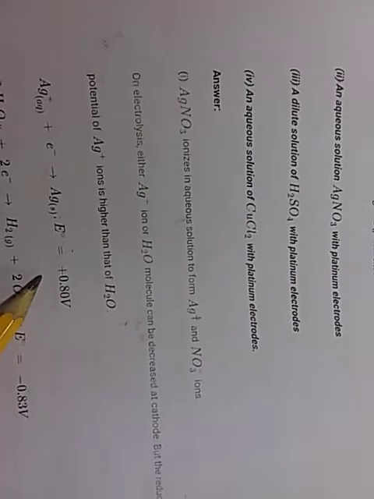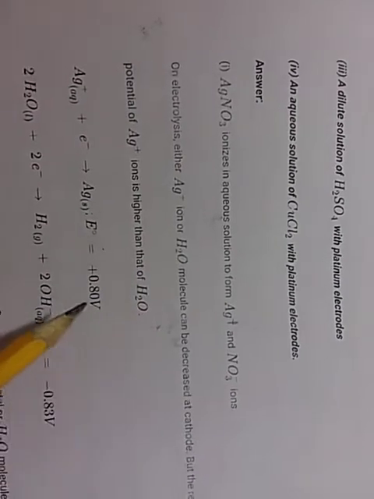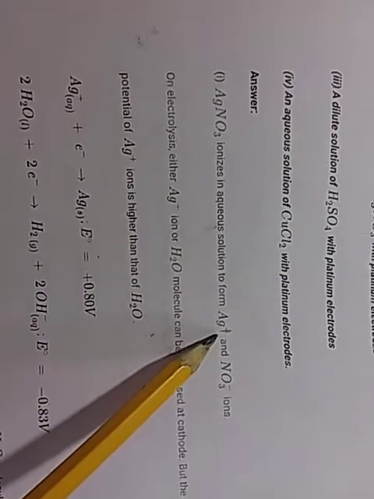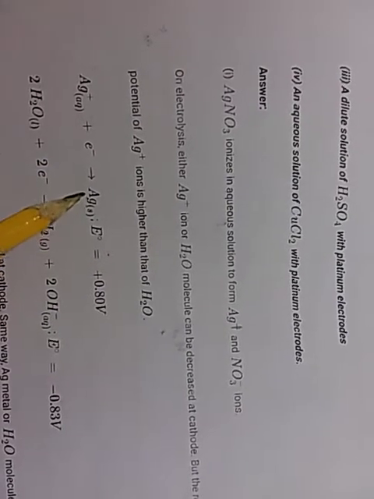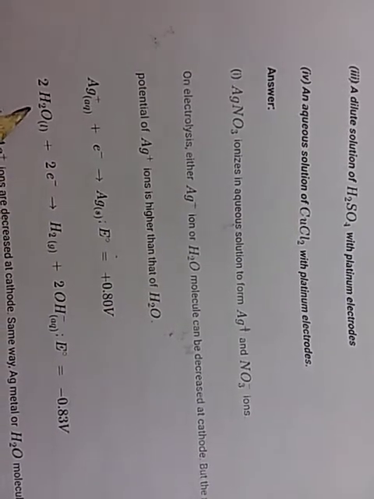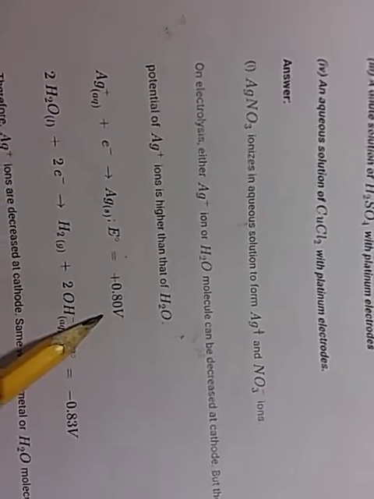In the table, the Ag+ value is given as +0.80 volt, and in the exam the value for Ag is already given, though for some ions like Ag and copper you should learn the electrode potential values. Ag+ gains one electron and converts into Ag. Water, two water molecules, gain 2 electrons and convert into H2 plus 2 OH-.